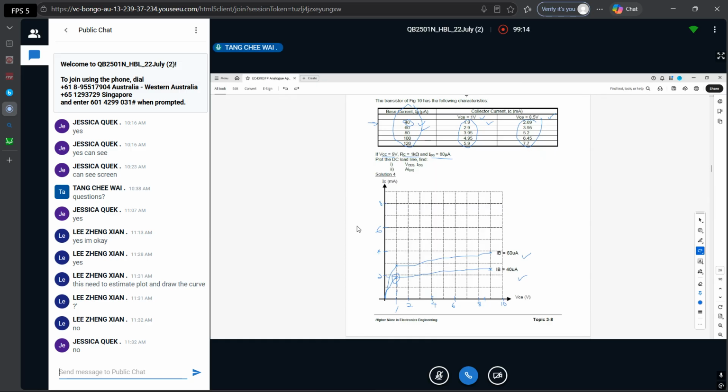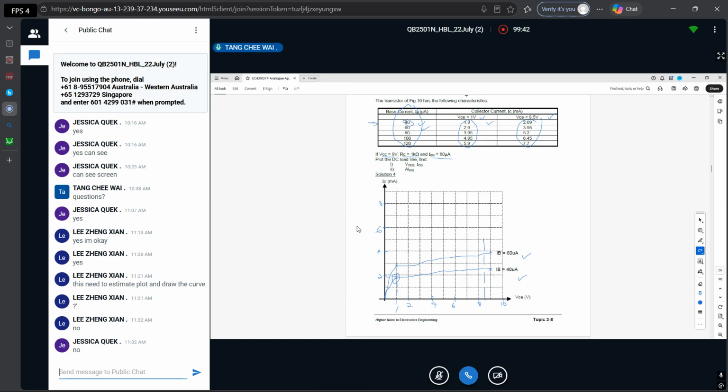Okay, 8.5 is here. So I project up first. Don't want to confuse you, ignore my 2 point at the moment. Then they ask, what's your collector current? 2.69 or 2.7, very close. 3 is here, so 2.7 is about here, roughly.